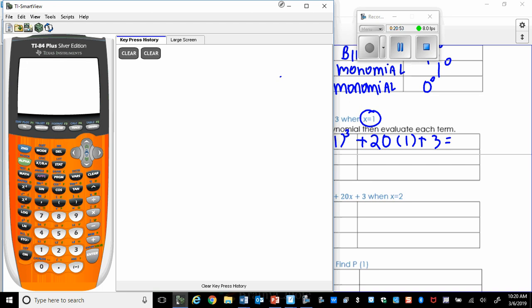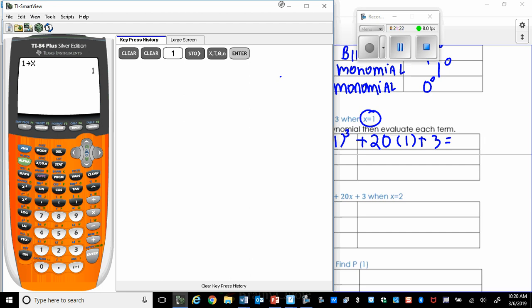So my first value is 1. Store. You should have 1 and an arrow. What variable are we storing this into? X. Does everybody see X? Okay. Now we're going to write our polynomial just exactly as it is. So first, press enter, and you should see 1 right there.